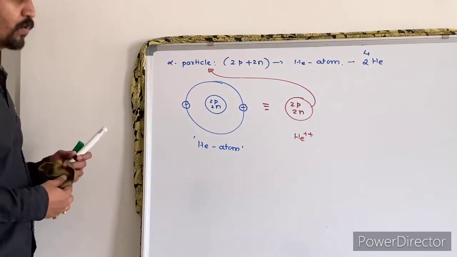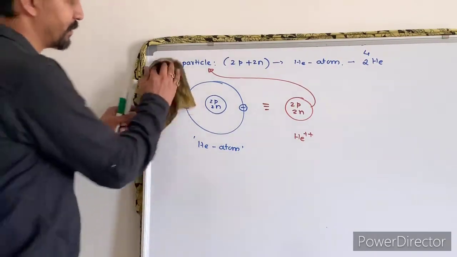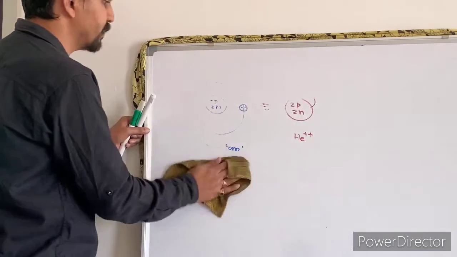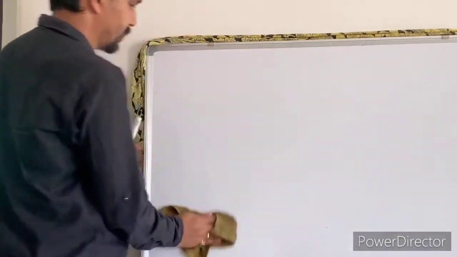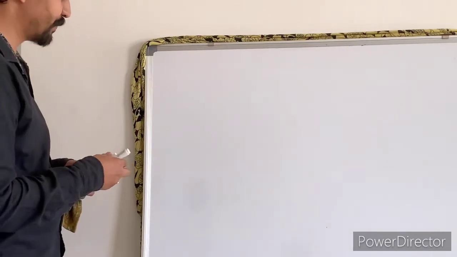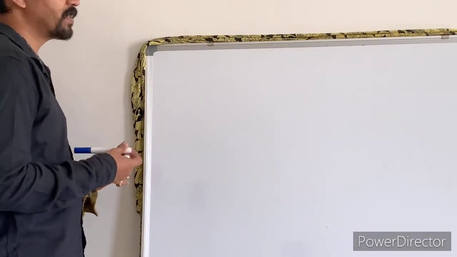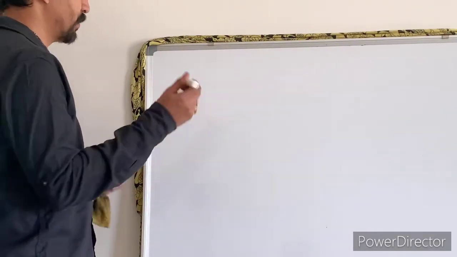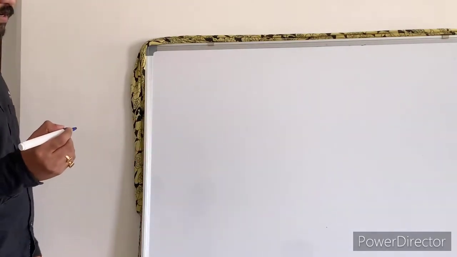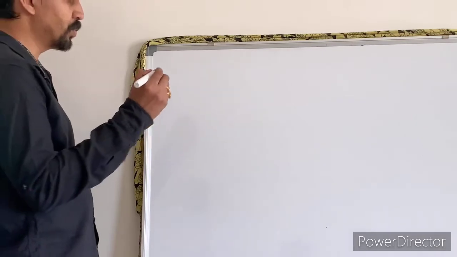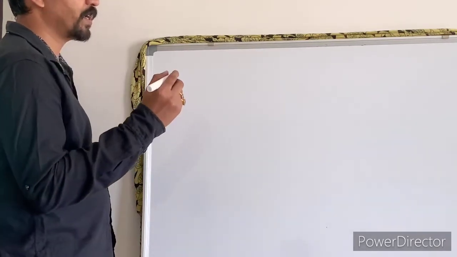Now we'll go with what is beta particle. Now what is the difference between beta particle and cathode rays? For beta particles, how is a beta particle emitted? You have a neutron from the nucleus of a radioactive element.